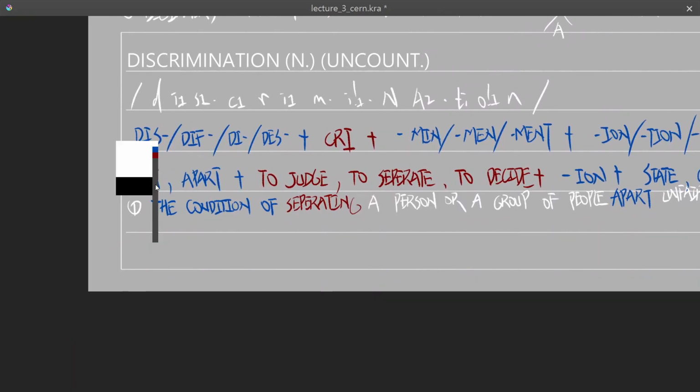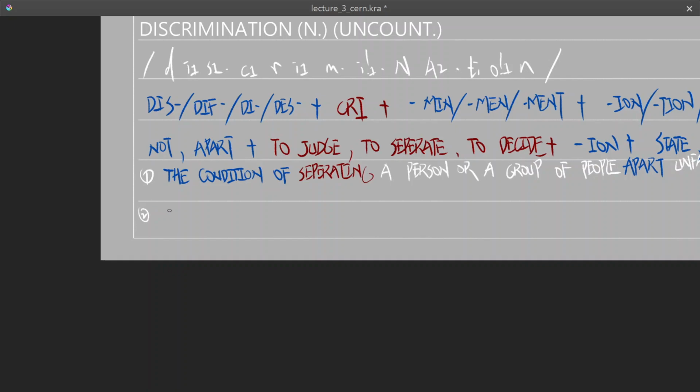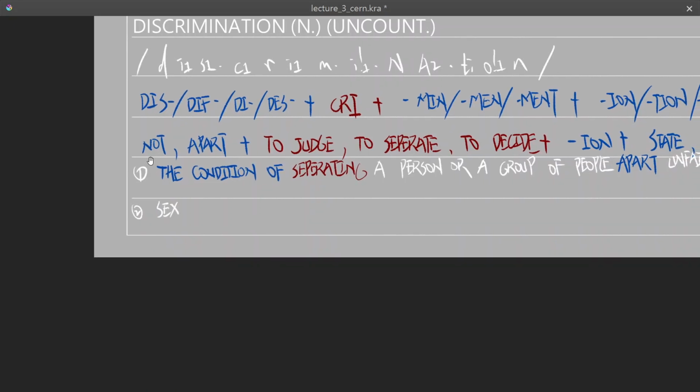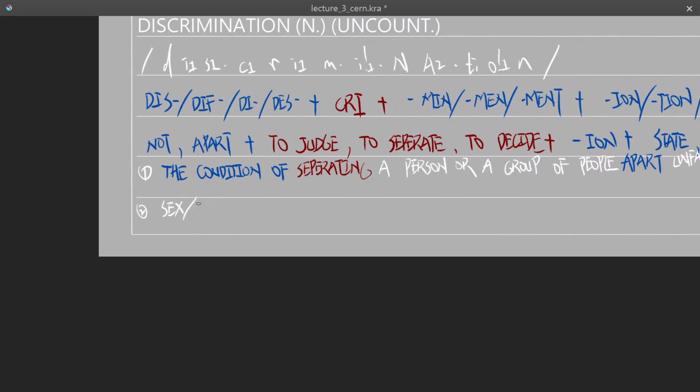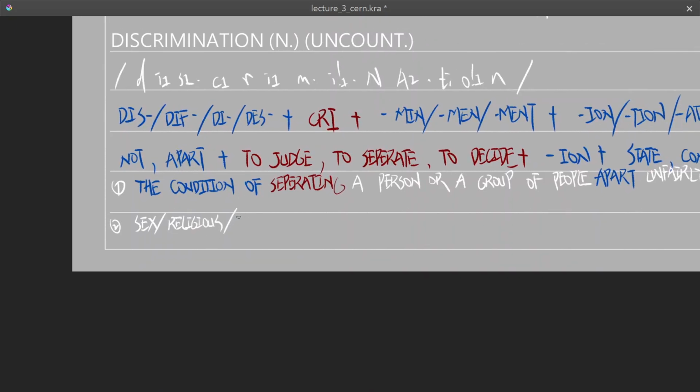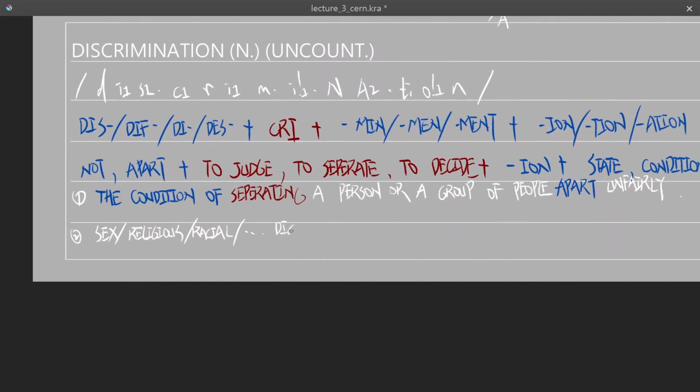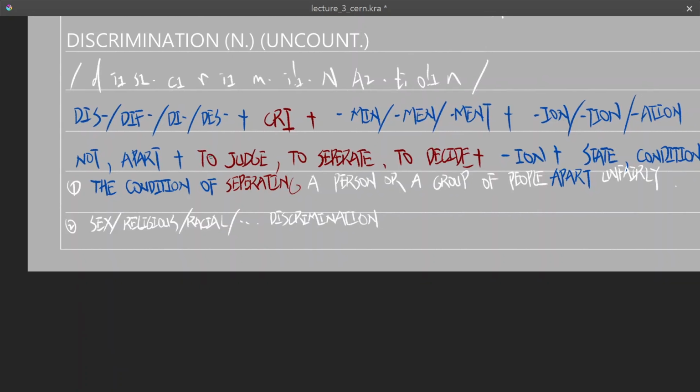So common phrases we have: sex discrimination, or religious discrimination, or racial discrimination. Sex, religious, or racial discrimination.